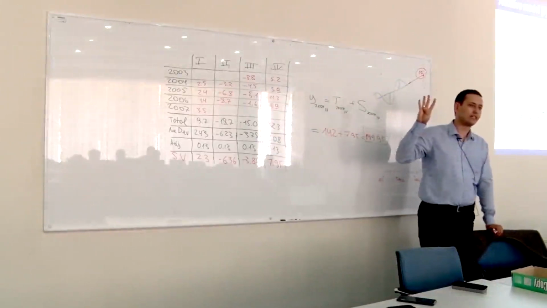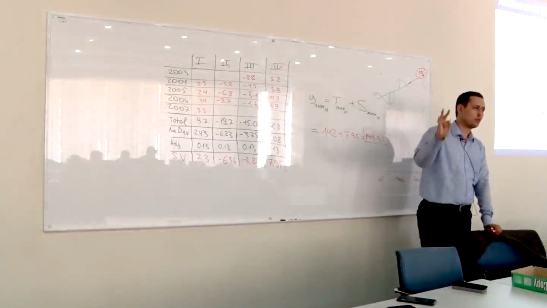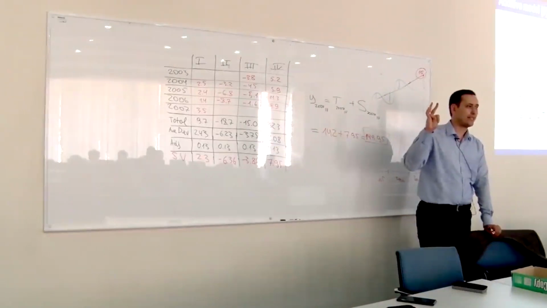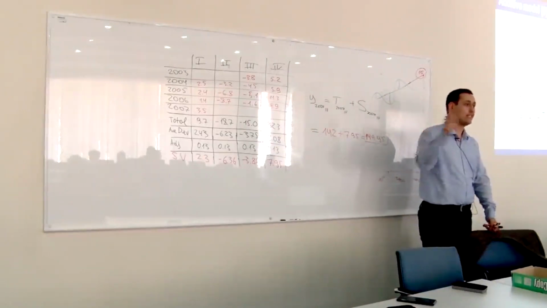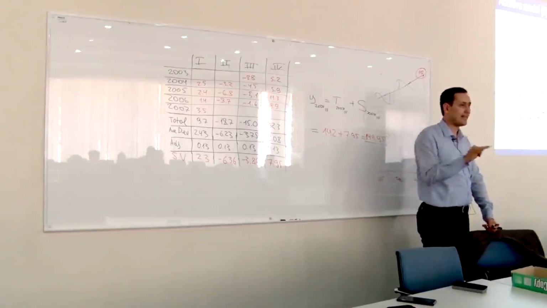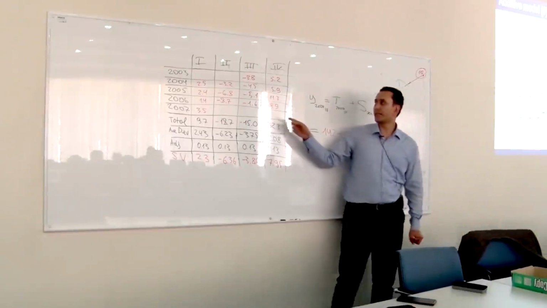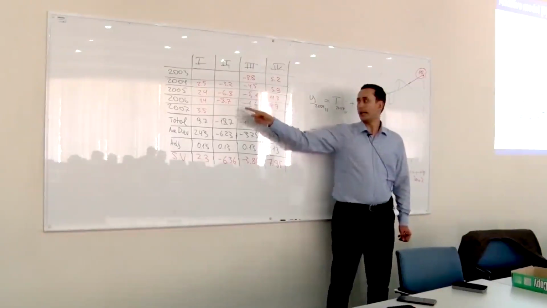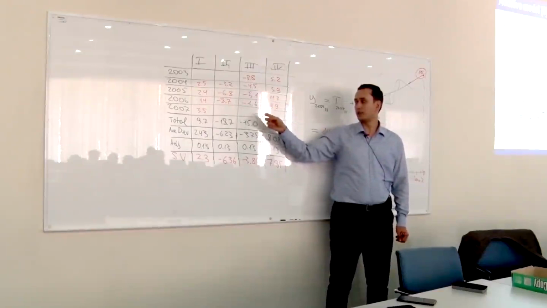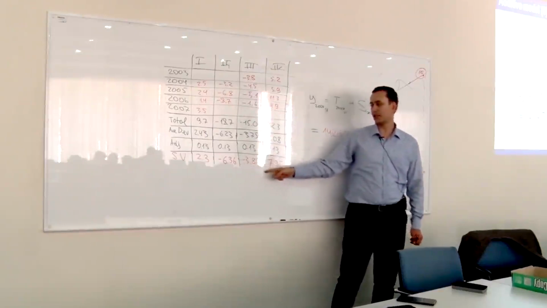Then we calculated the centered moving average, right? And then we calculated the deviation from trend. And then using deviations from trend, we created a new table, and we found the seasonal variation.